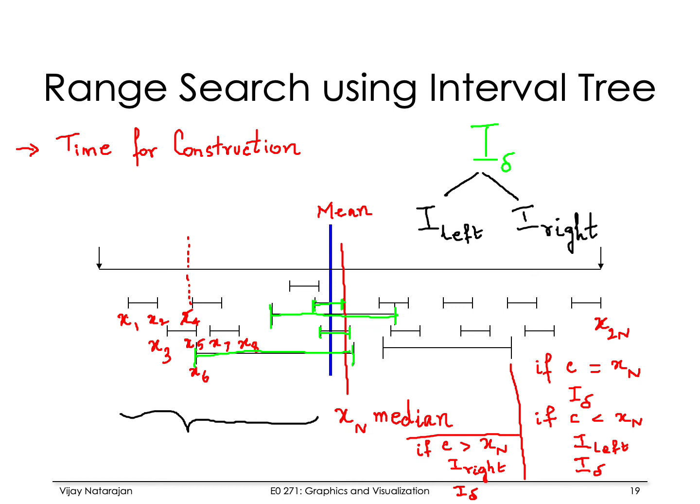So that's the outline of the query algorithm. So the recursion hopefully is clear. Let's postpone the discussion on how to process I sub delta, but hopefully the recursion is clear. If C is less than x sub n, then I look at the left subtree. Similarly, if C is greater than x sub n, I look at the right subtree.